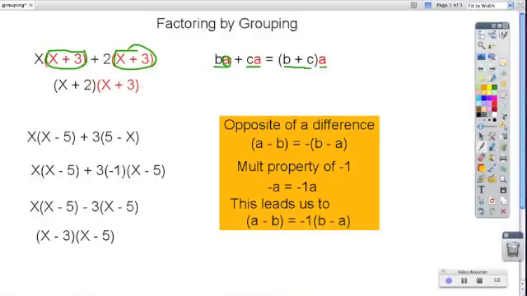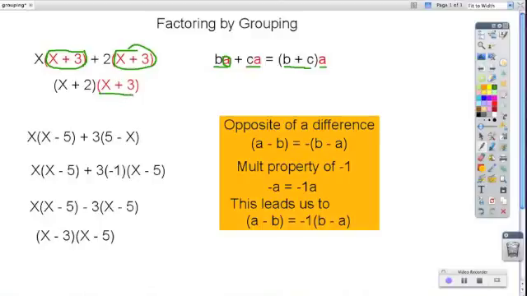So A times (B + C) equals AB plus AC. x plus 3 times x equals x times (x + 3). x plus 3 times 2 equals 2 times (x + 3).